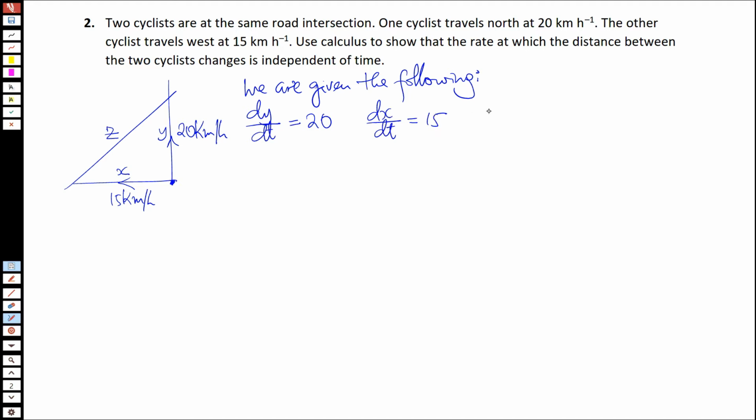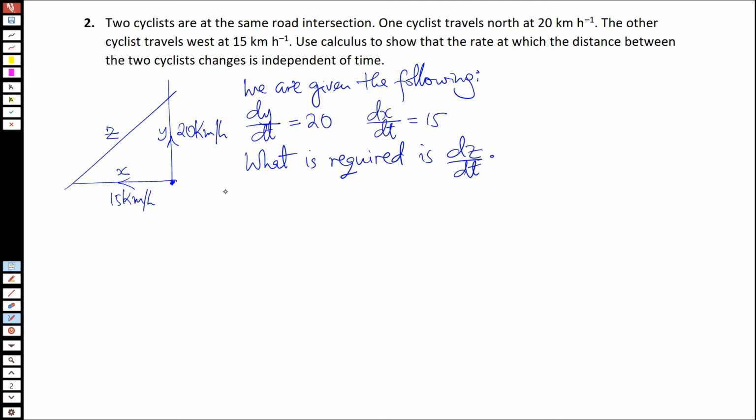So what is required? We can write here what is required is dz over dt. That's what you're looking for, and you want to show that dz over dt is a constant, independent of time. So what's the relationship between x, y, and z?